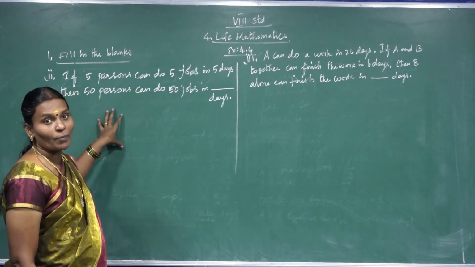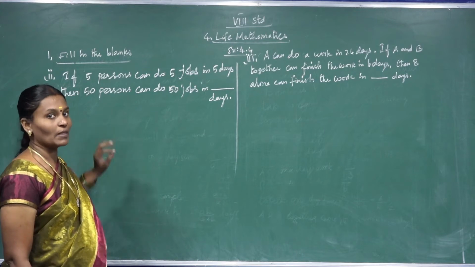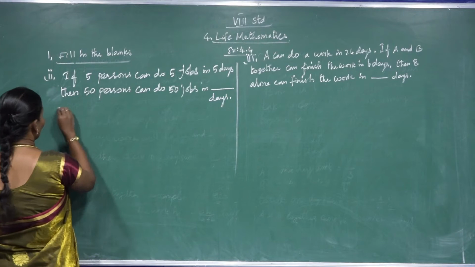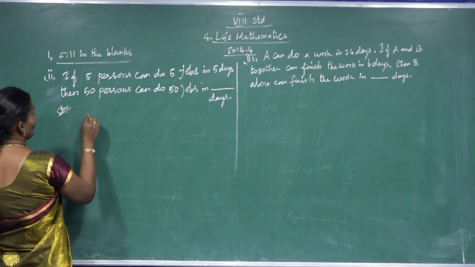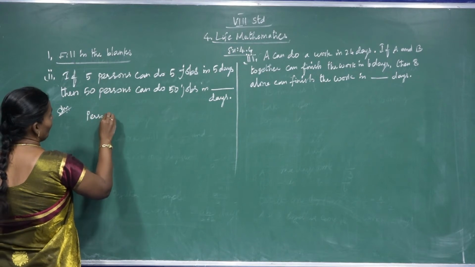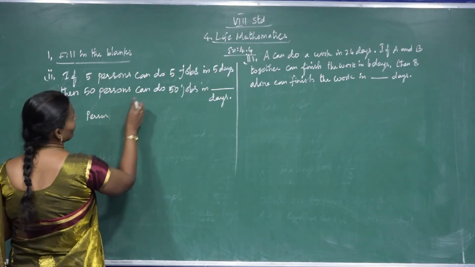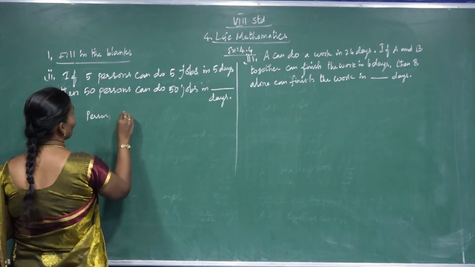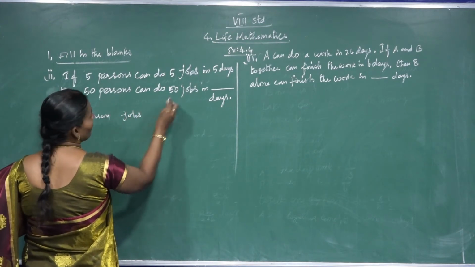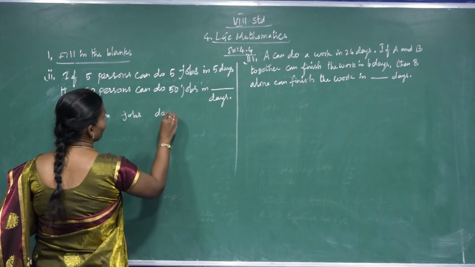See how we write here. First we consider persons. Next, number of jobs. Then number of days.